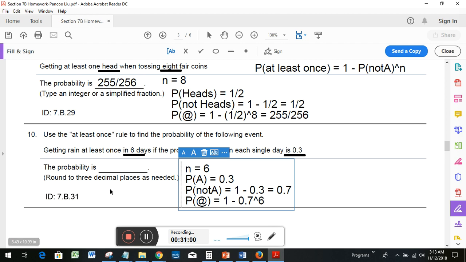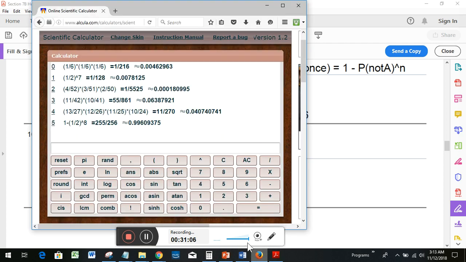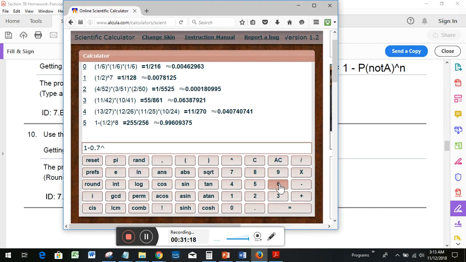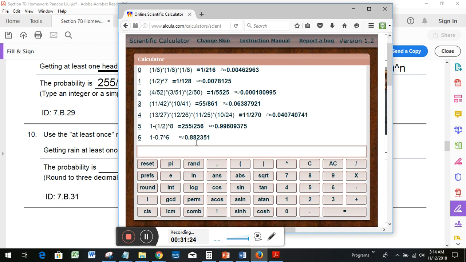And again, here they want a decimal, so we're going to round to 3 decimal places. So 1 minus 0.7 to the power of 6. Then we have 0.882, and our third decimal place is 2, so we're going to look to the right of it.